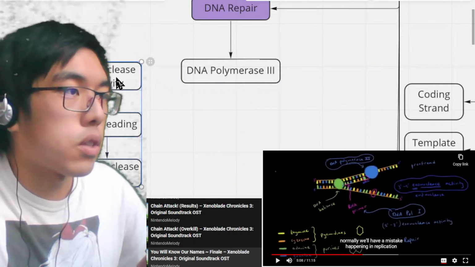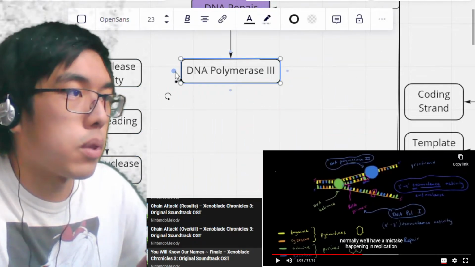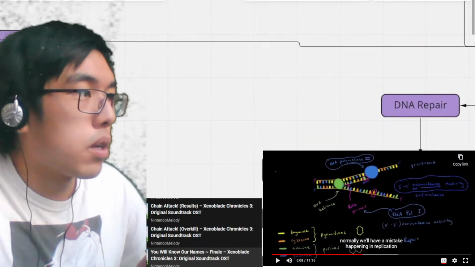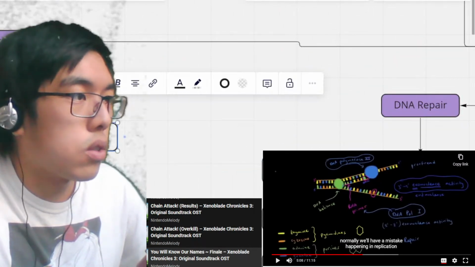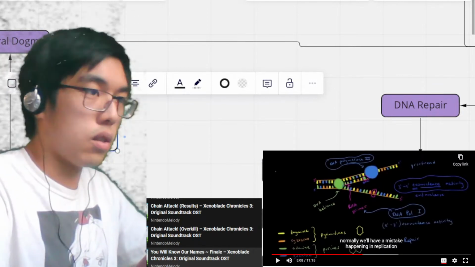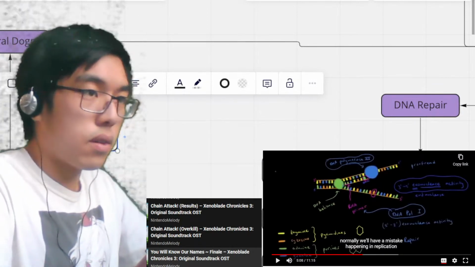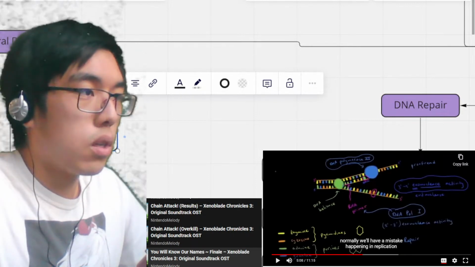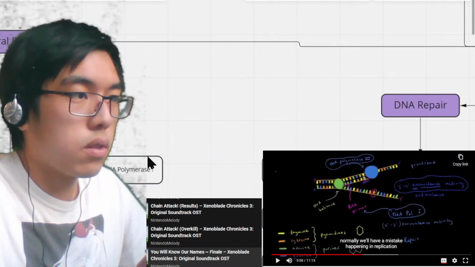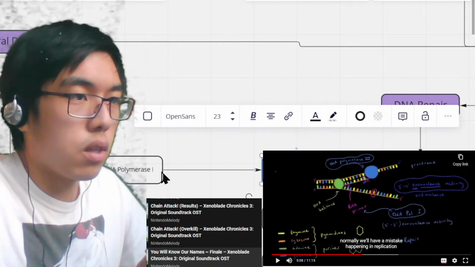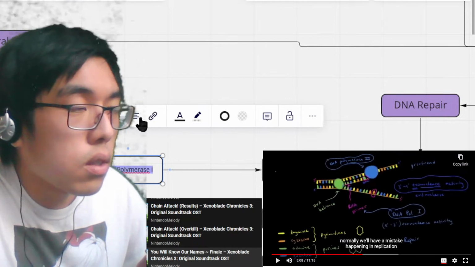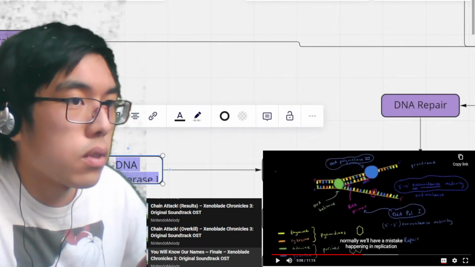Let's move this over here, actually, so that we can include DNA polymerase 1 in this three-way relationship with exonuclease activity. Look at that. Amazing. One's going to be over here. Exonuclease activity.